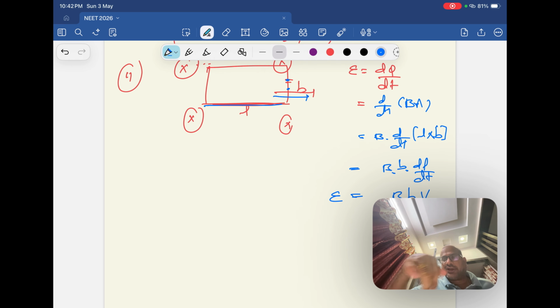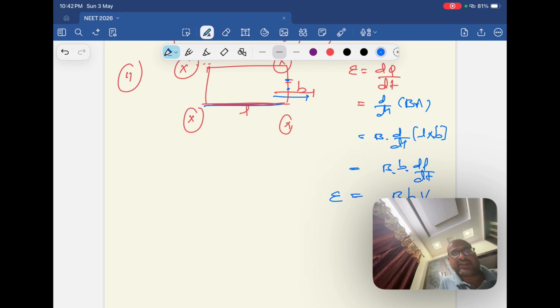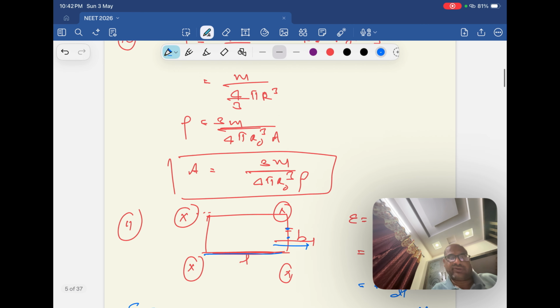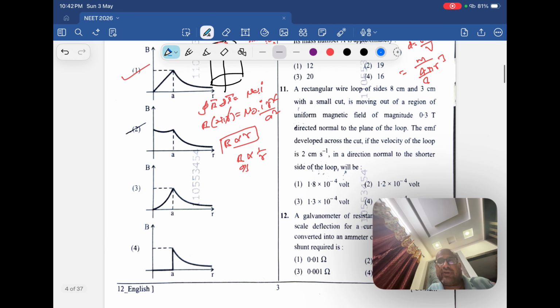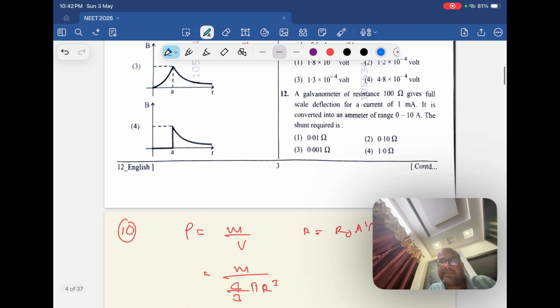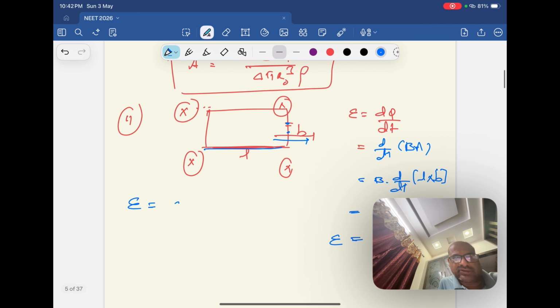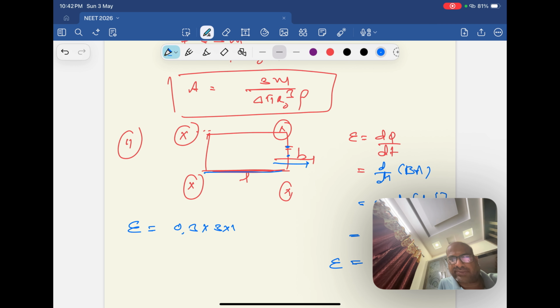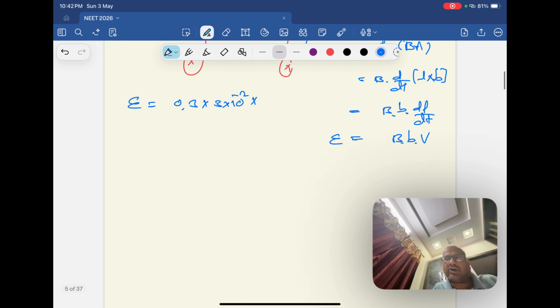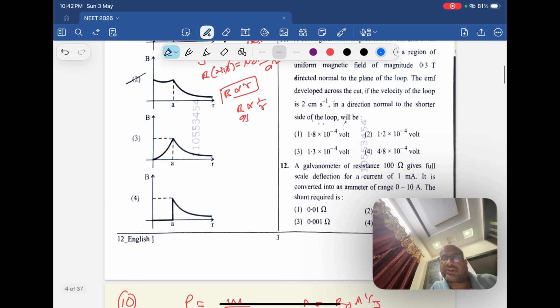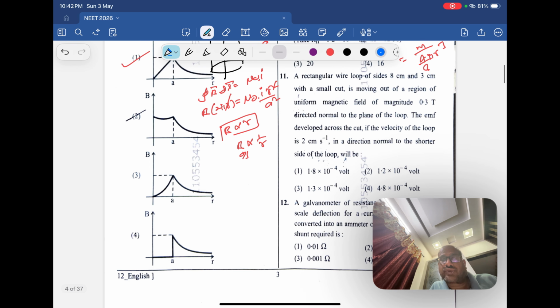If it is closed, induced current will flow. Now simplify the expression. How much is the value of B given? B is 0.3 Tesla. So 0.3 Tesla into breadth. Breadth is 3 centimeters, so 10 power minus 2, into v. How much is v given? Just check it. v is 2 centimeter per second.